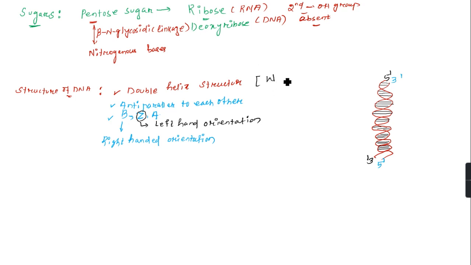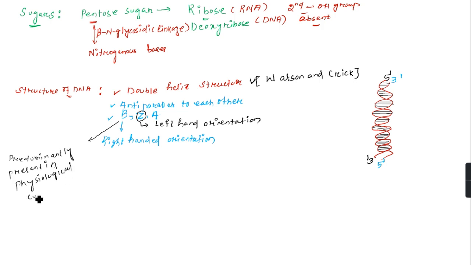You should remember that. The B form of DNA is predominant under physiological conditions of low ionic strength.